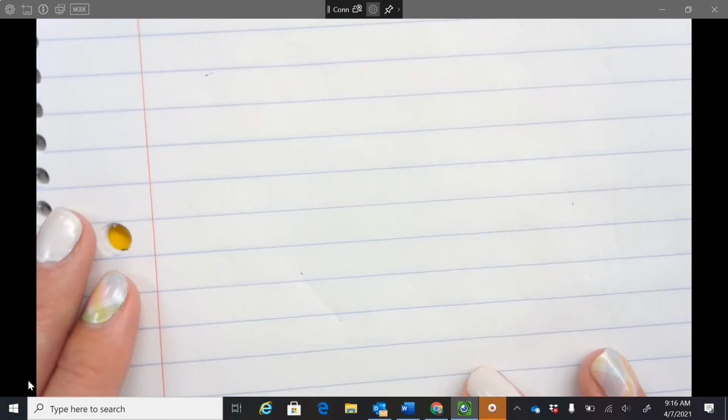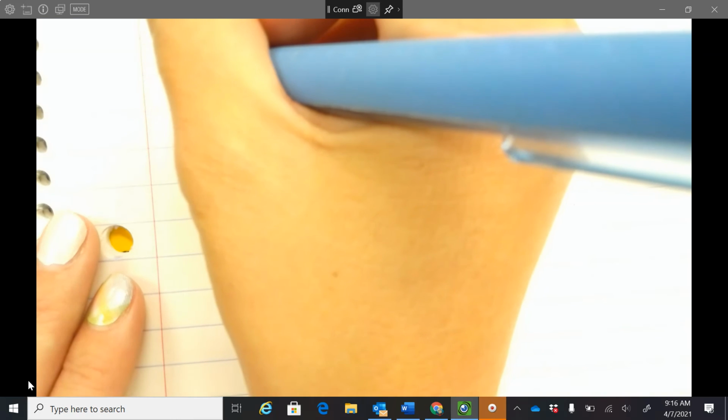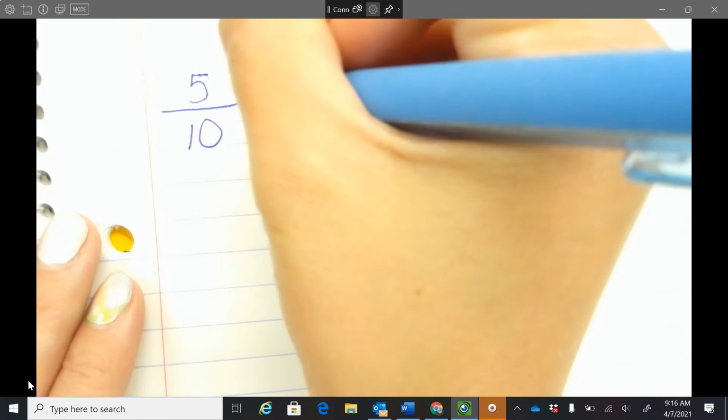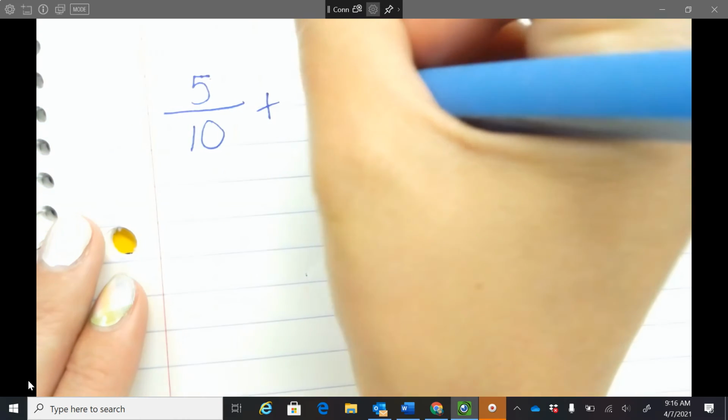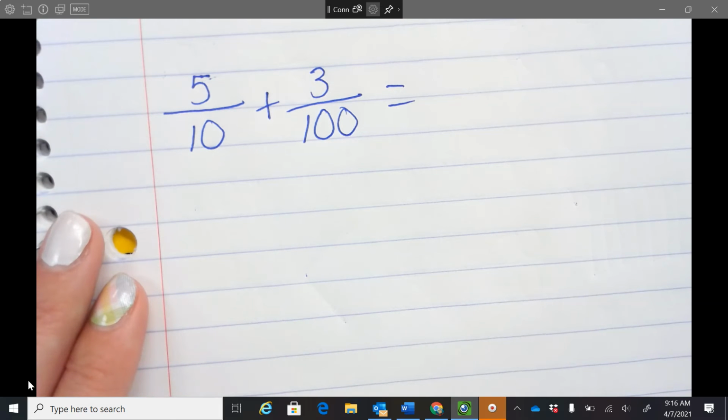Okay, let's do some more practice. What if I wanted to add 5/10 and 3 hundredths? What would that look like? How would you figure that out?